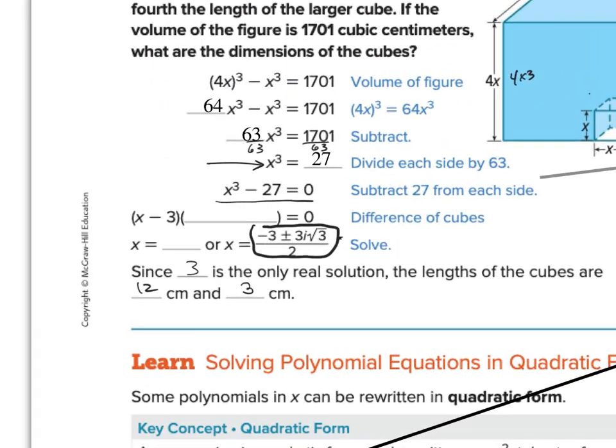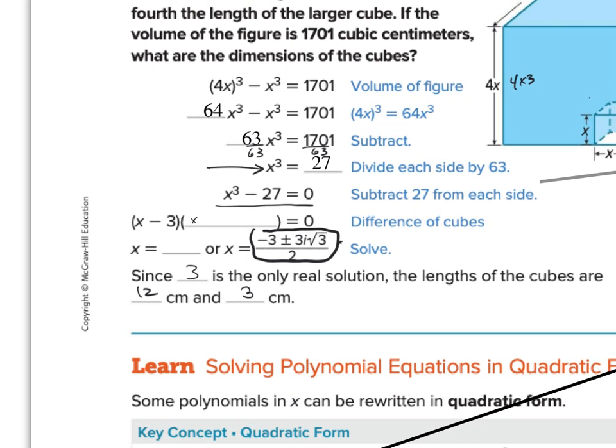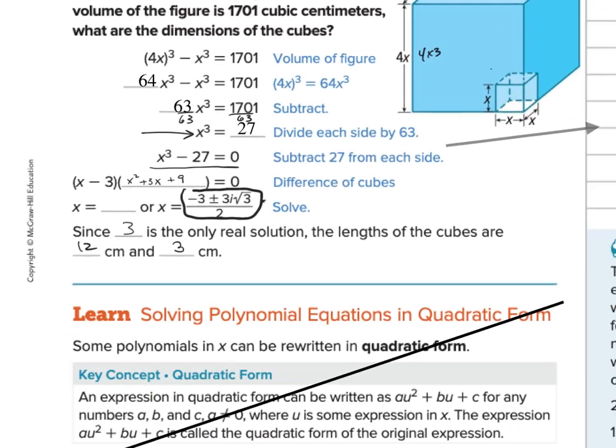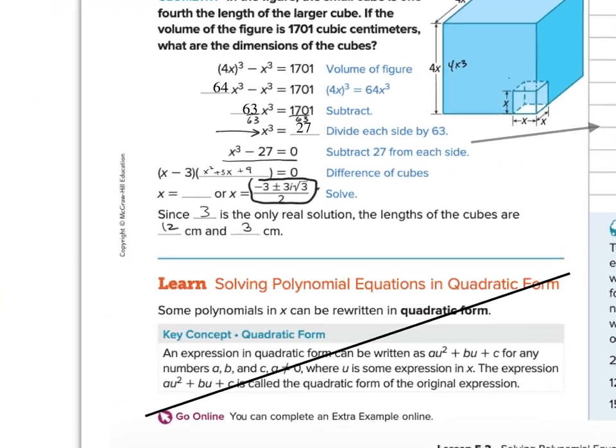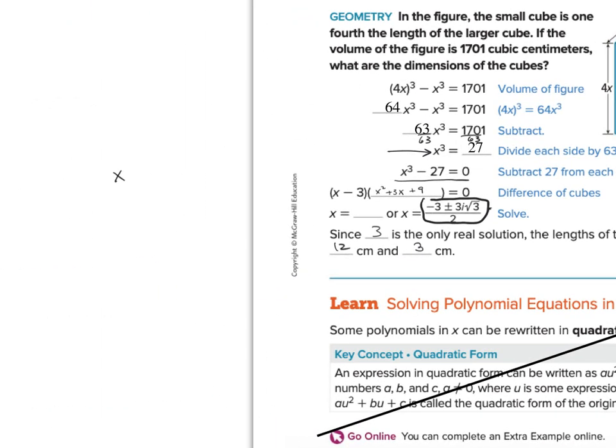When I do the sum of cubes, this would have been, what? x squared minus... I want to say x squared plus 3x plus 9. So when we go to factor that, we have x squared plus 3x plus 9, so a equals 1, b equals 3, c equals 9.